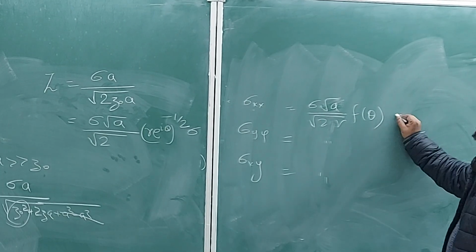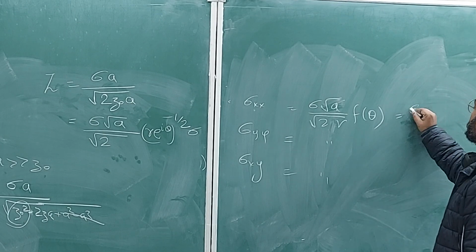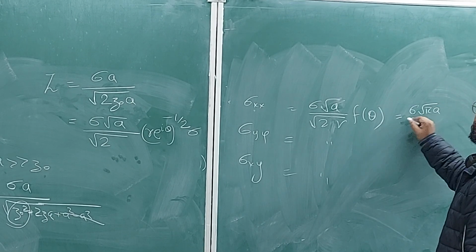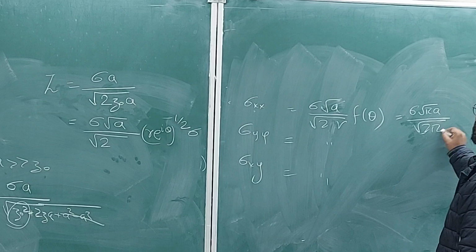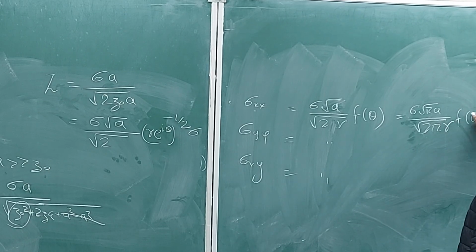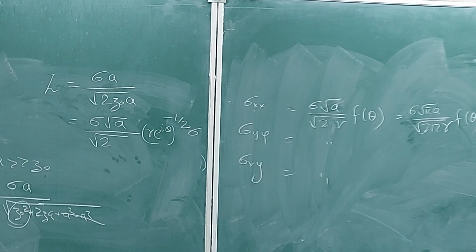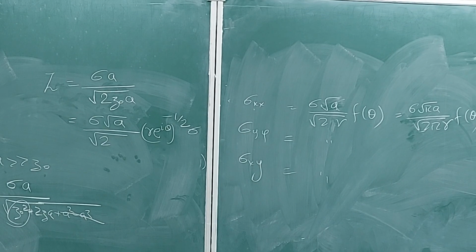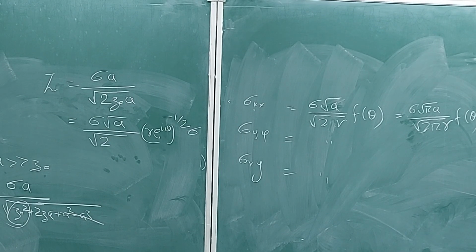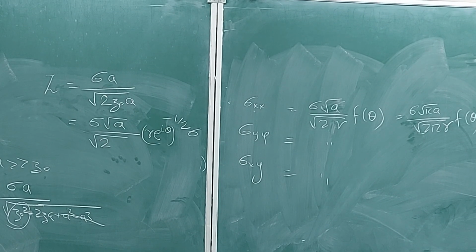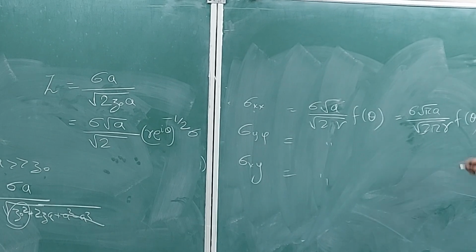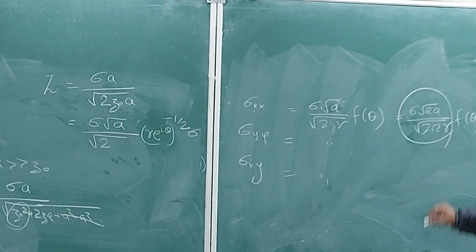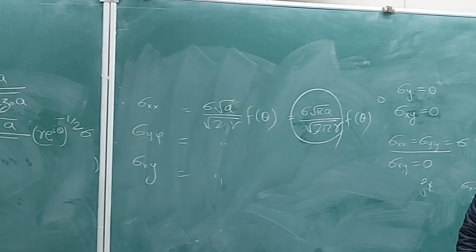Okay, and then Irwin has defined it by putting a pi inside, and then for no reason he makes it like this, and it becomes this. So what you see is that in all the expressions of stresses, you have this thing common, right?